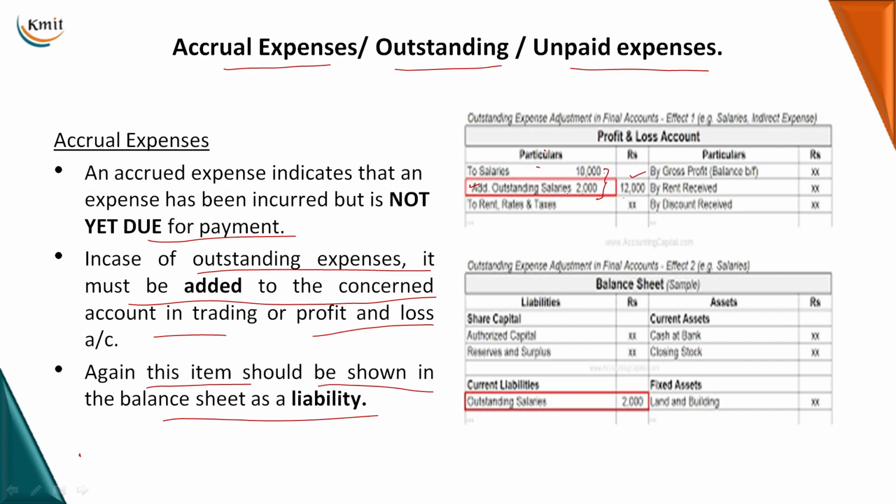And again that same outstanding expense will be shown on the liabilities side as outstanding expenses, to the extent of how much ever it is outstanding, right? So this is the twofold effect, that is once adding to the concerned account, and again listing it on the liabilities side of the balance sheet.